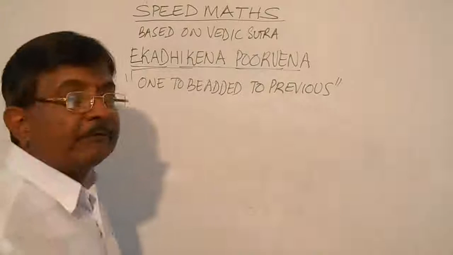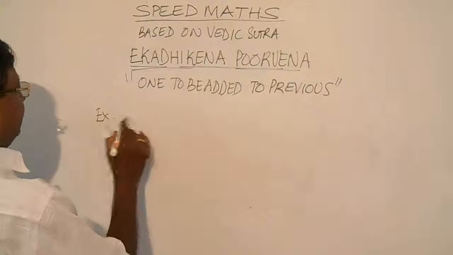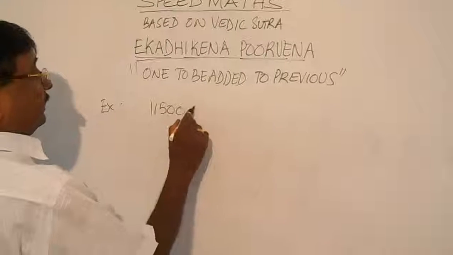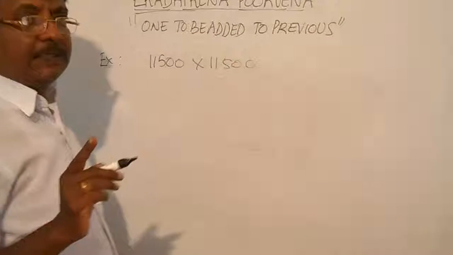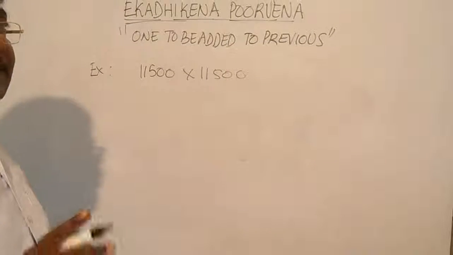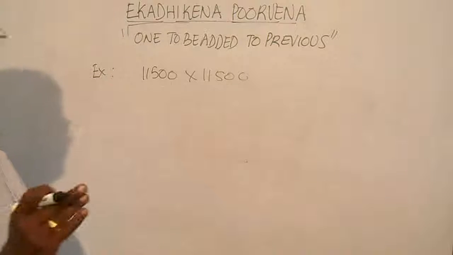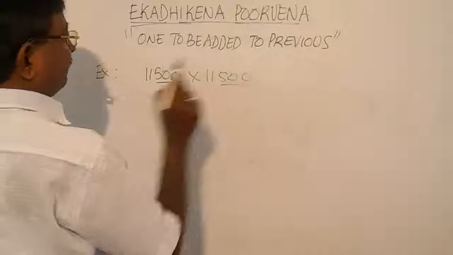Now we look into 5-digit multiplication. Example, we'll take up initially 11,500 into 11,500. First we have to see the multiplier and the multiplicand, whether the situations of ekadikena purvena are met or not. Here we have 500, here we have 500.